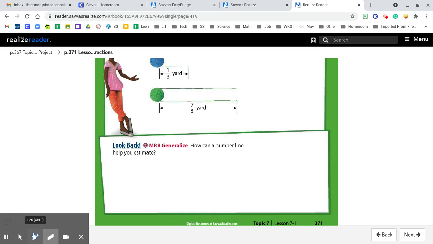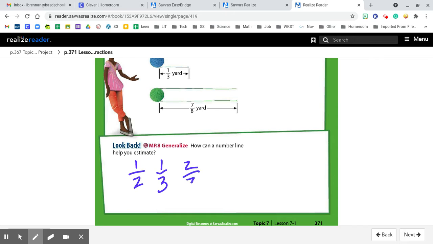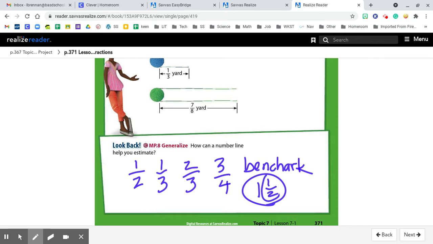Our benchmark fractions, remember, we went over this in the review a little bit, are 1/2, 1/3, 2/3, 3/4, 1 whole. Those are benchmark fractions. So for 1.5, the half there is a benchmark.